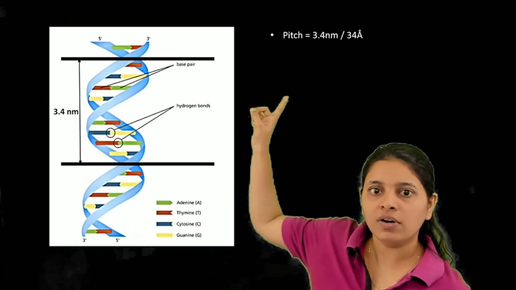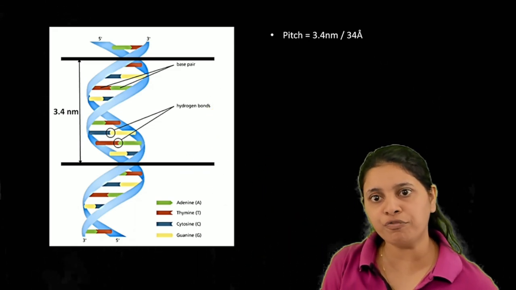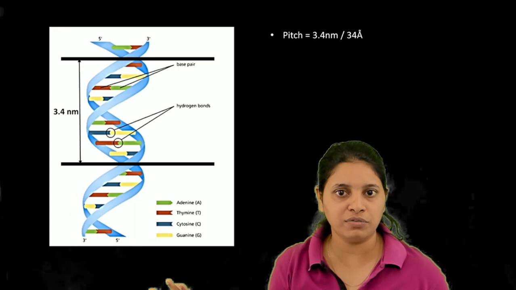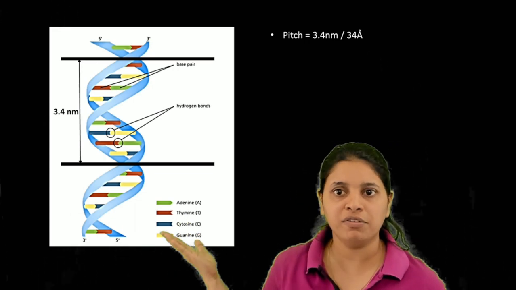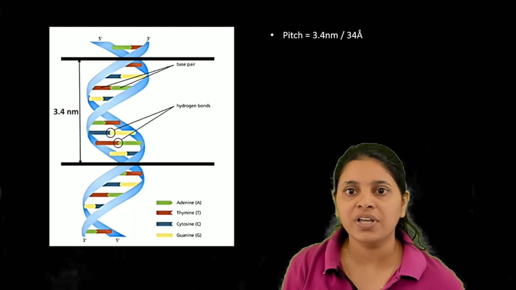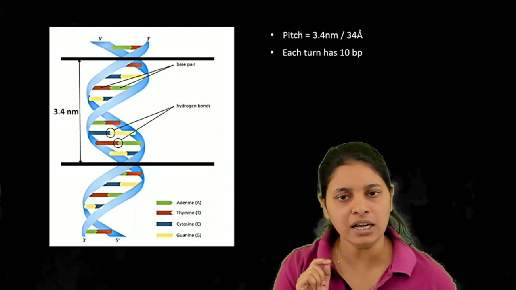Okay, so this length of one turn is called the pitch of DNA. So it is 3.4 nanometer. You can convert it into different units also. Like if we have to represent it in angstrom, we will write it as 34 angstrom. Each turn, like from here to here, has 10 base pairs.